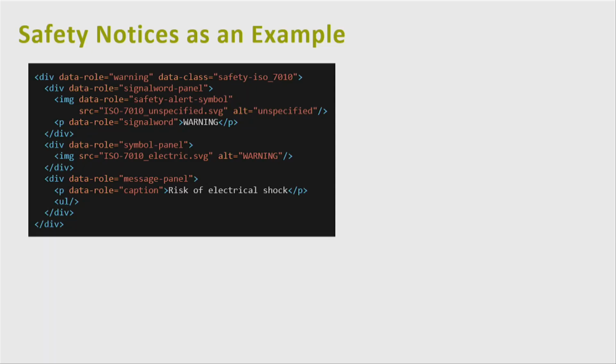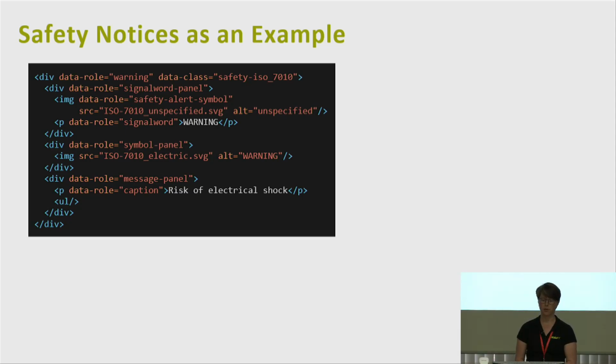They became highly configurable over the years because they're an important part of the documentation for technical writers. In DY-XML, they consist of a signal word panel with a signal word and a safety alert symbol, a symbol panel for specific hazards, and of course the message itself.